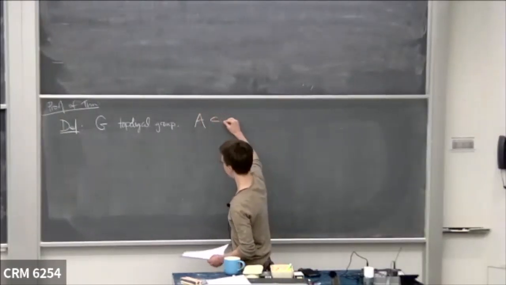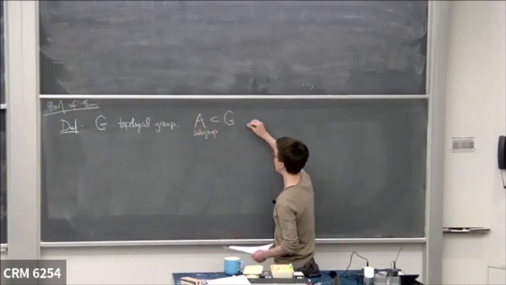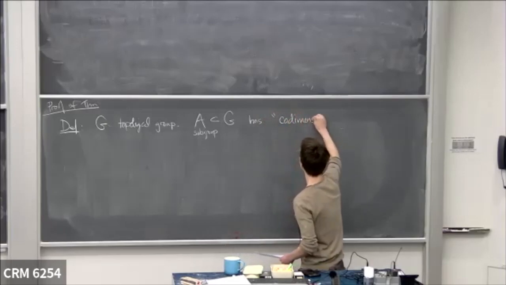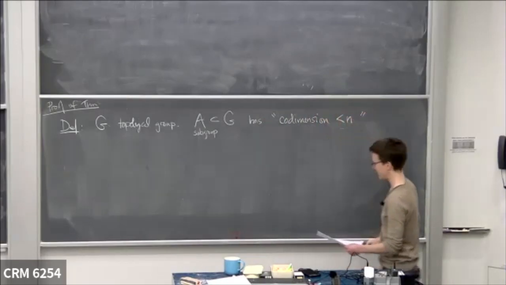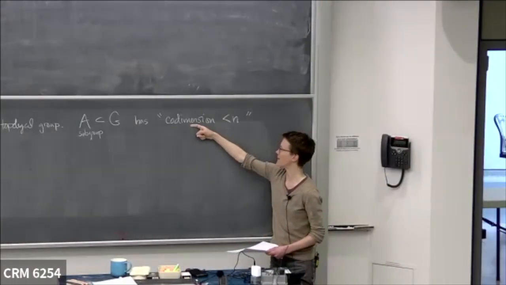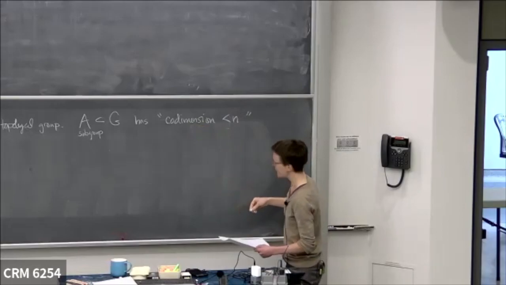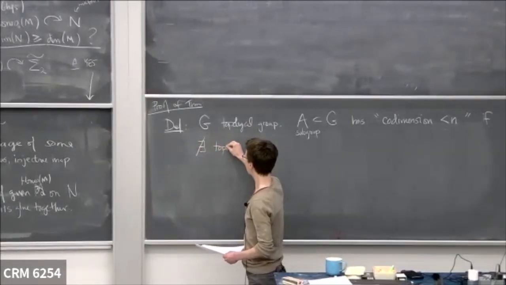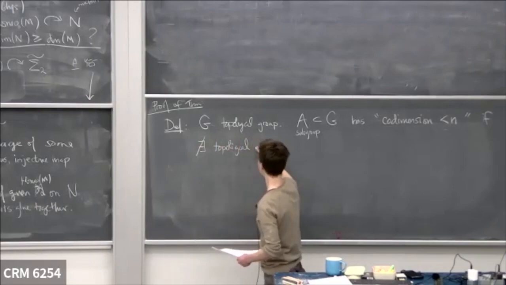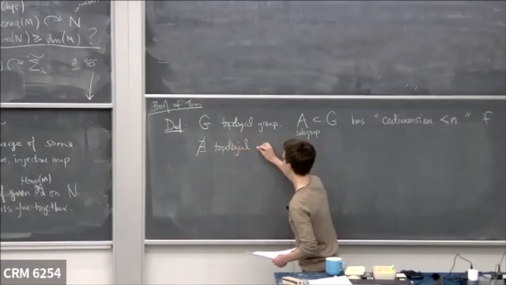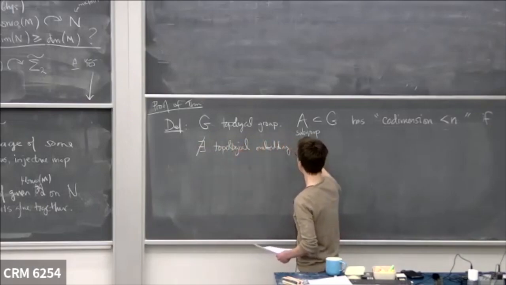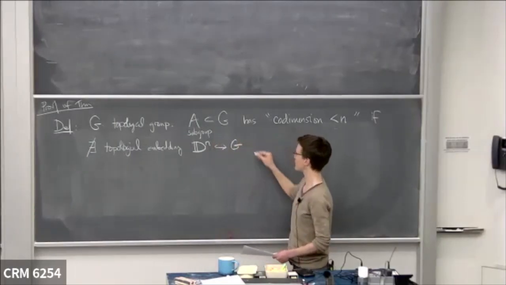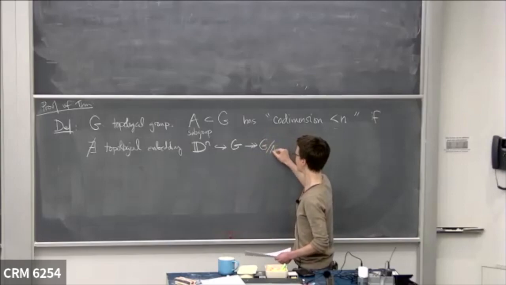I'm going to say that A, just a subgroup, has quote unquote codimension less than n if there does not exist a topological embedding of an n-dimensional disk into G that survives the quotient to G mod A.